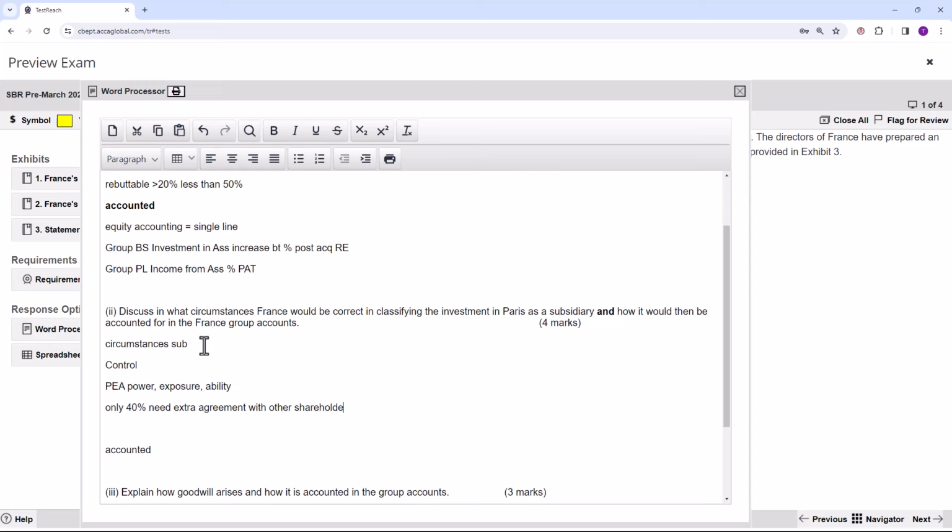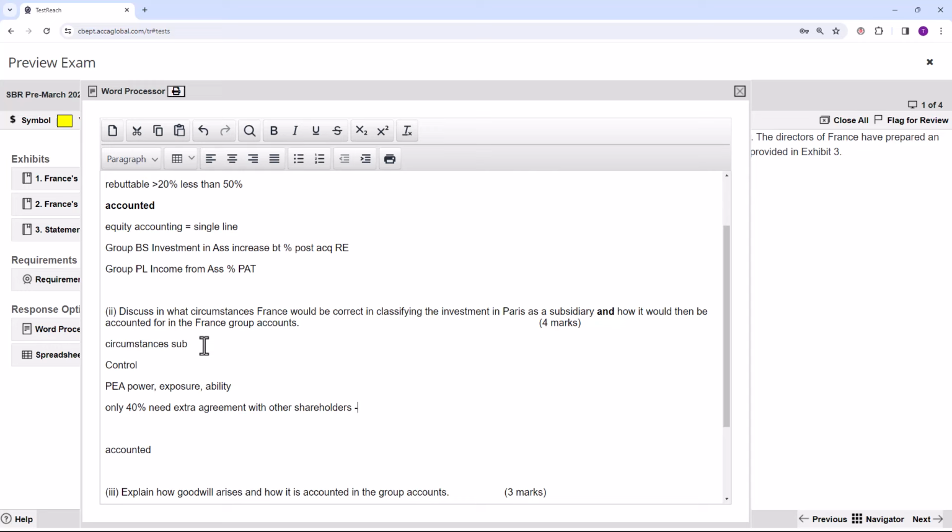If you own 40% and your mate, your friend, your school chum, whatever, owns 20%, and they say, look, okay, let's have an agreement. They'll keep the shares. They'll receive the dividend. They can sell them if they want to, but I'll vote. They'll give me the vote. So I know that I've got an agreement. You've then got control. And bizarrely, you would have a non-controlling interest of 60%.